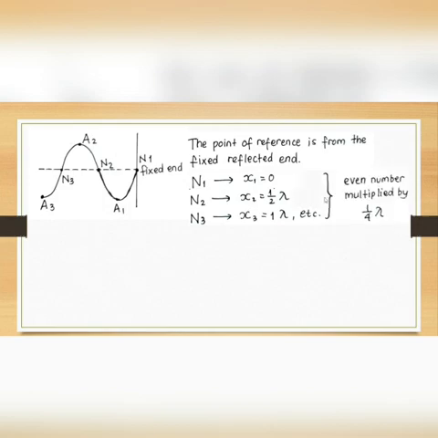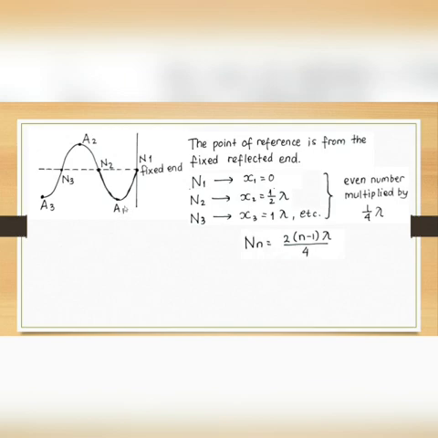So we can conclude that these are the even numbers multiplied by 1/4 lambda. So we can formulate the nth node, or in your book, Sn, is equal to 2 times n minus 1 times lambda over 4.